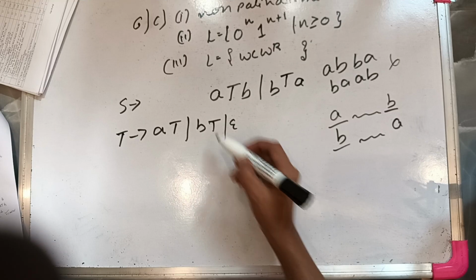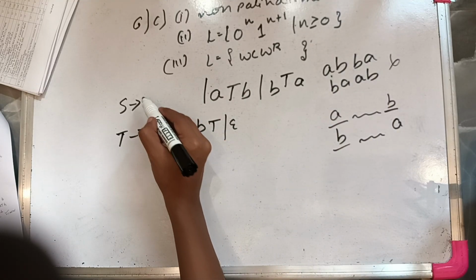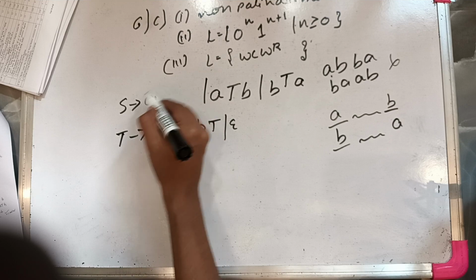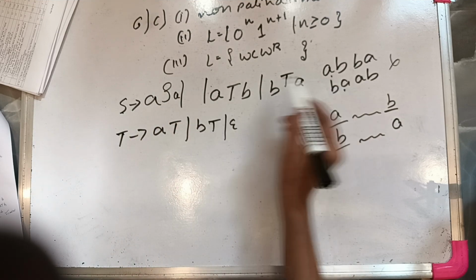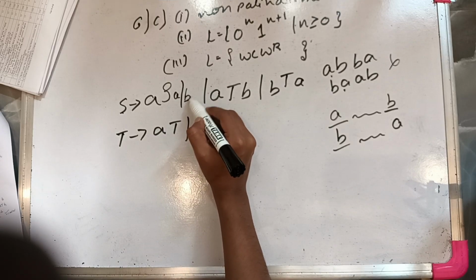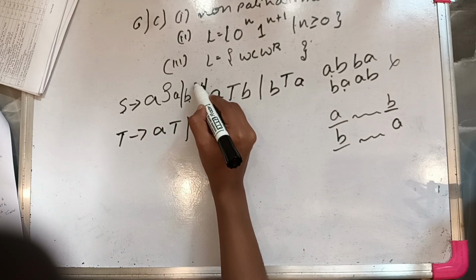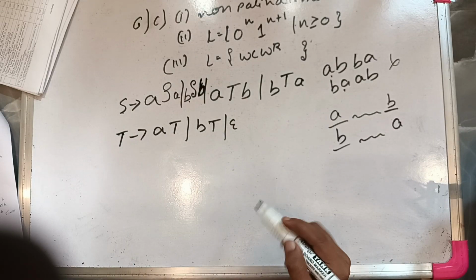Okay, and for this case also I will write, if it starts with A and it calls again multiple A or B, and here also if it starts with B, then it ends with B, and I am calling S again.